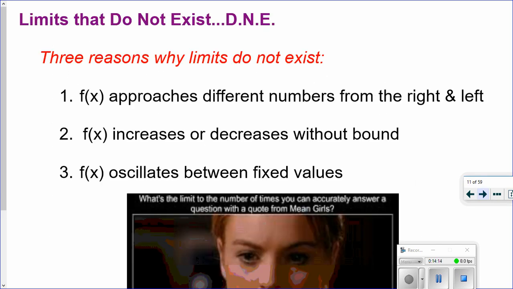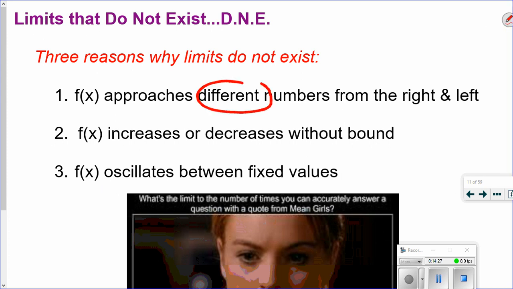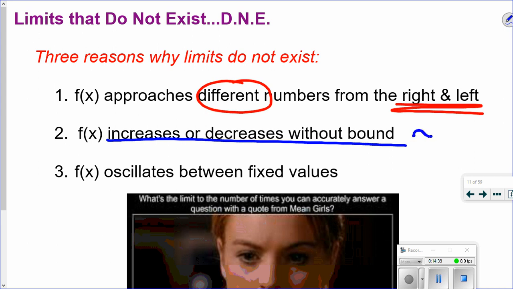So there's three ways that we see a lot where we say the limit does not exist. The first big one that uses our definition: it approaches different numbers from the left and right. We also say it does not exist if it increases or decreases without bound, but more specifically, the limit goes to infinity or negative infinity.